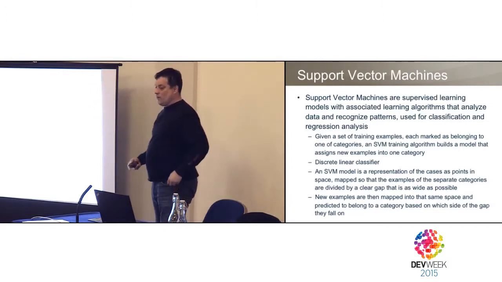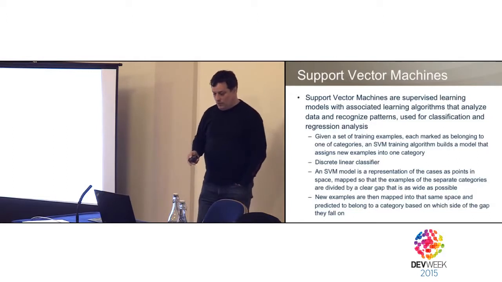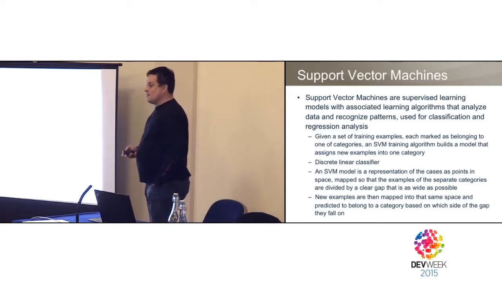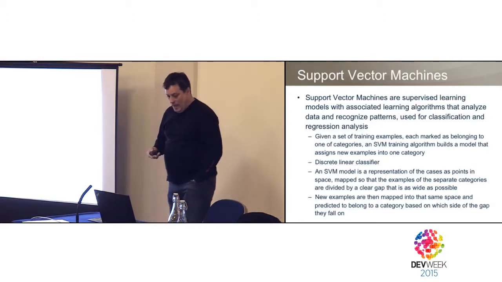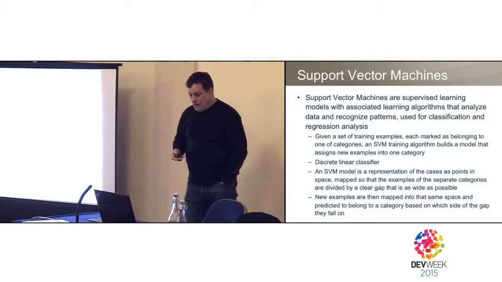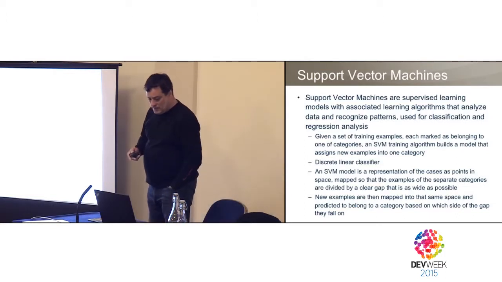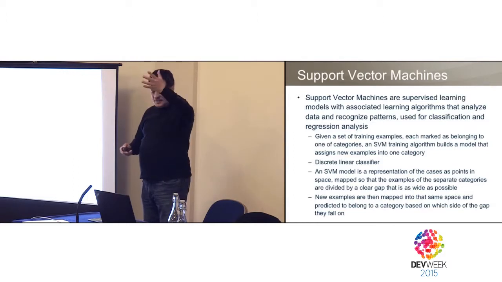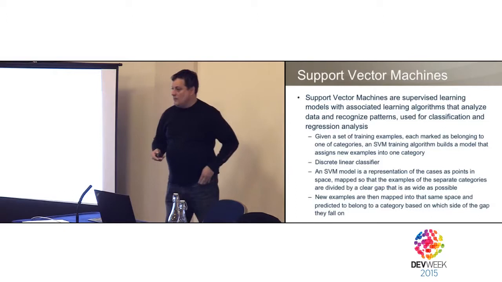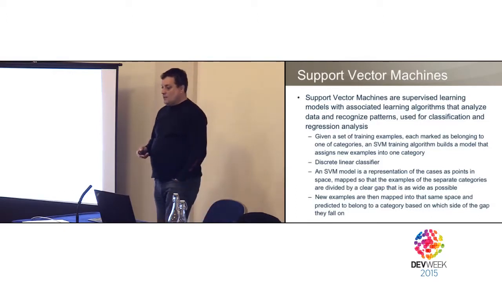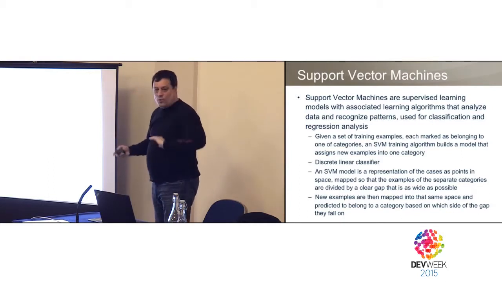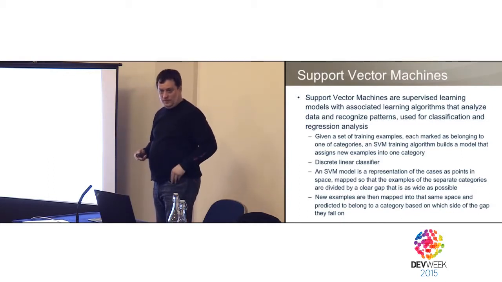Multidimensional means that the number of input variables defines the dimensionality. And then support vector machines try to separate, to create categories in these cases, in such a way that the gap between two groups is as wide as possible.